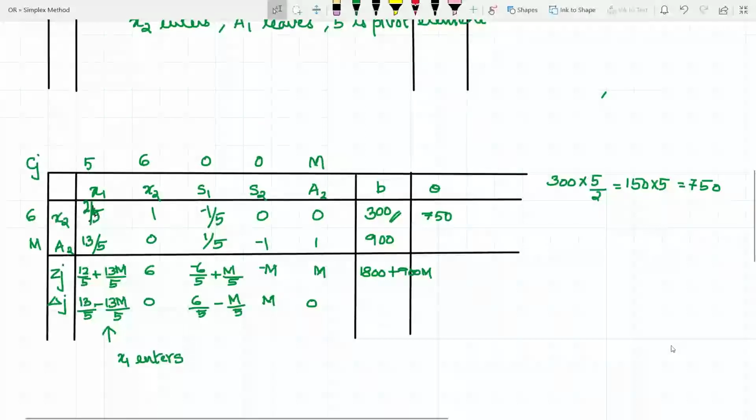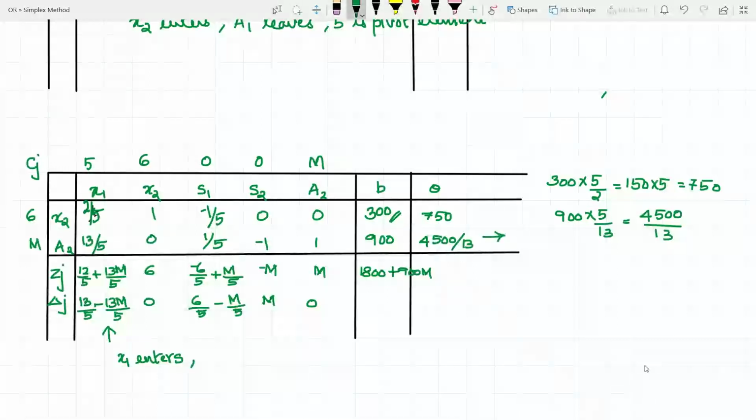Now next is 900 divided by 13 by 5, that is into 5 by 13, which is equal to 4500 divided by 13. The smallest value is that, so A2 leaves.